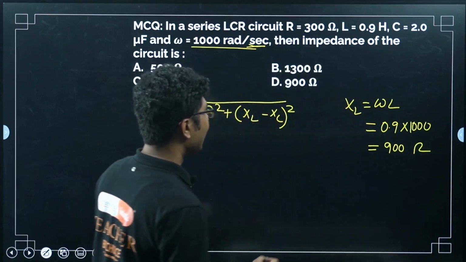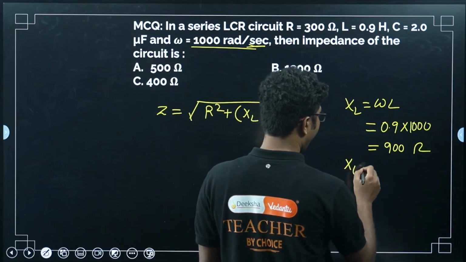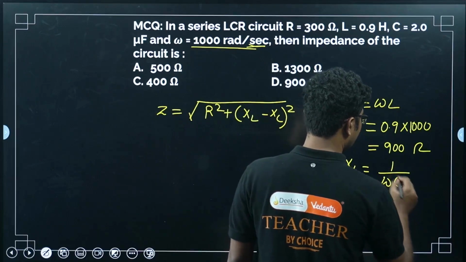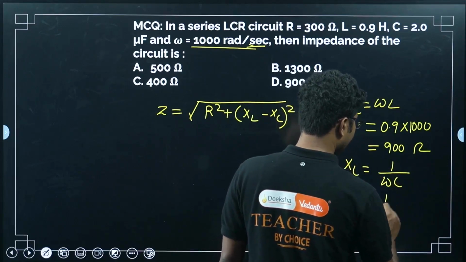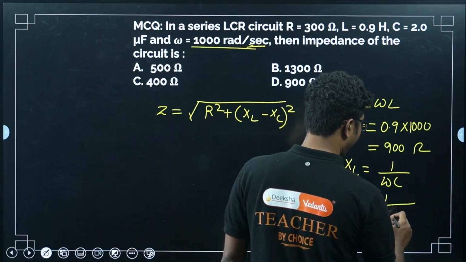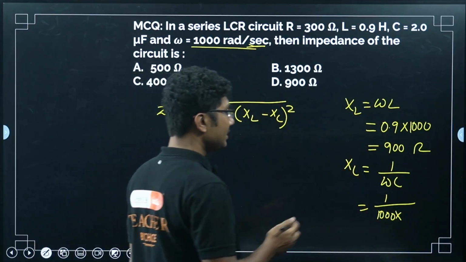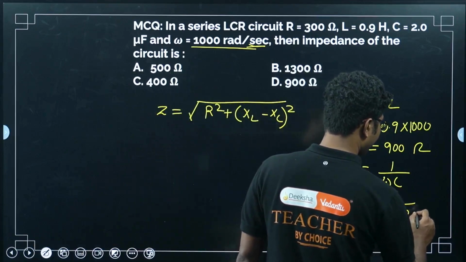Now what is XC? XC is 1 by omega C, right? Now omega is 1000 and C is 2 microfarad. Microfarad means 10 to the power of minus 6.